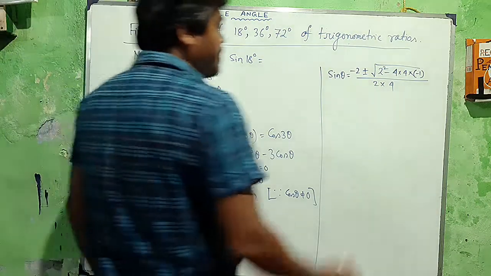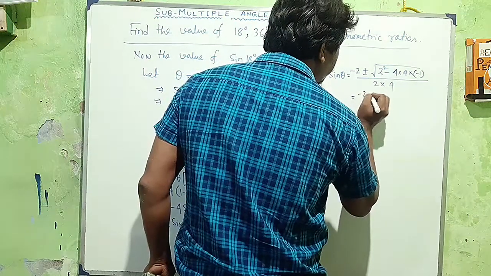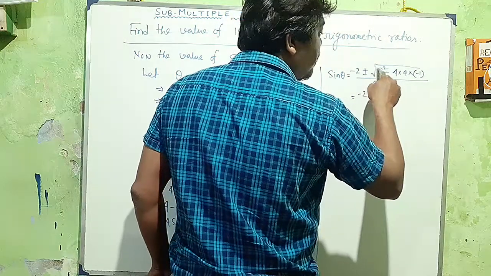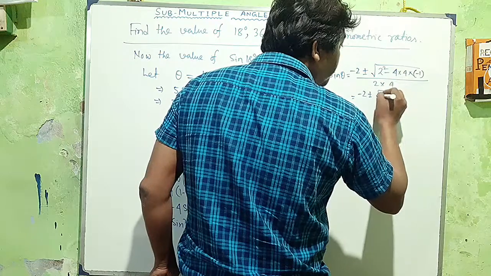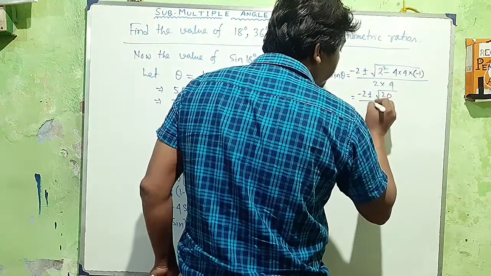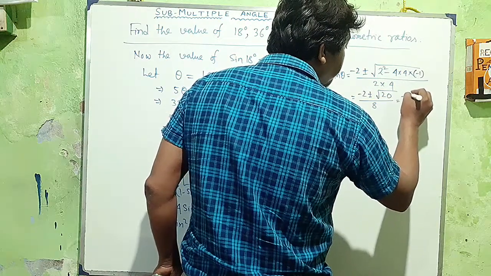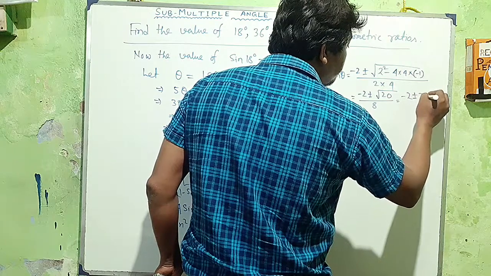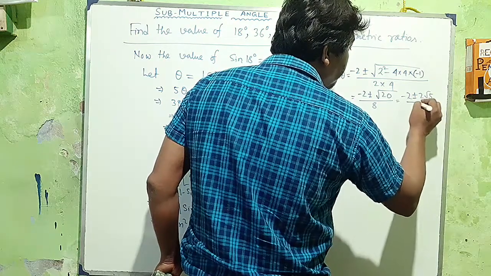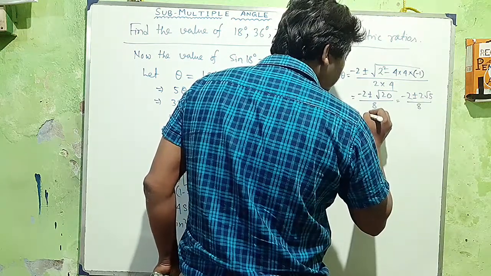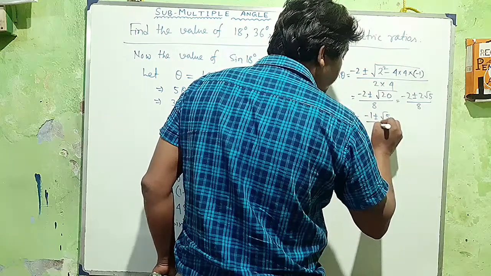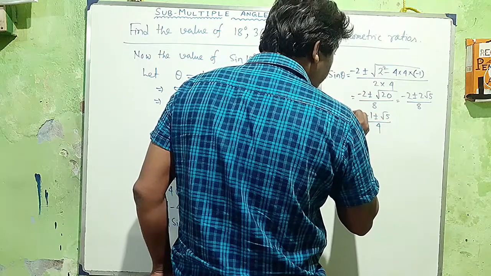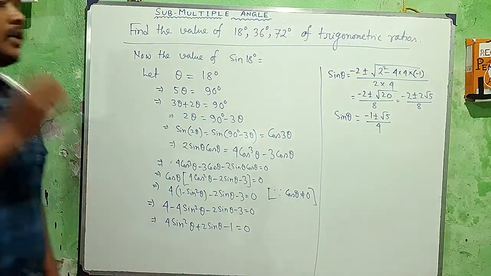After some simplification, minus 2 plus or minus square root of 4 plus 16, that is square root of 20, over 8, that gives minus 2 plus or minus 2 root 5 over 8, so sine theta equals minus 1 plus or minus root 5 over 4.